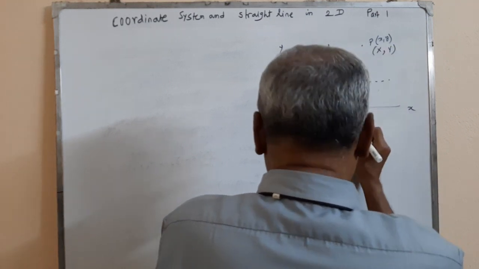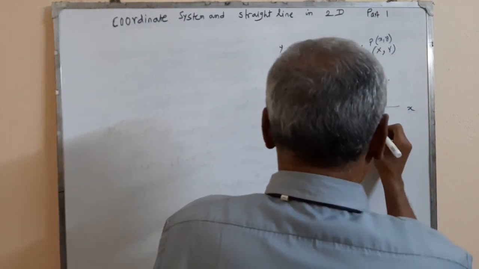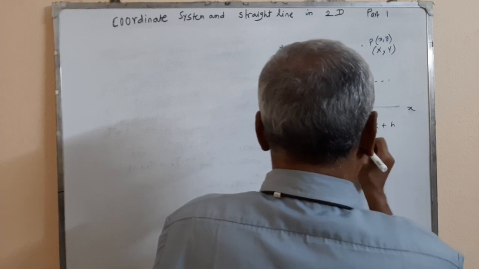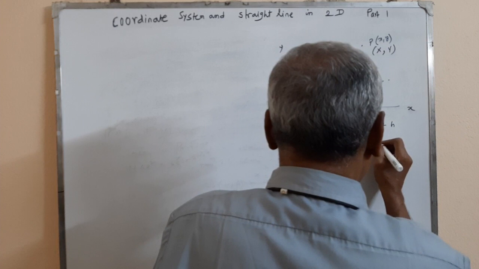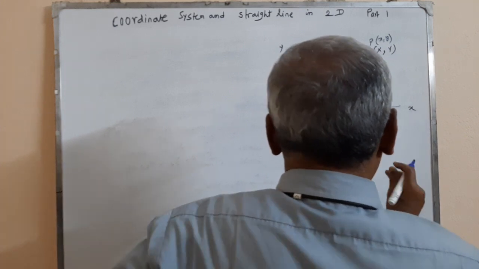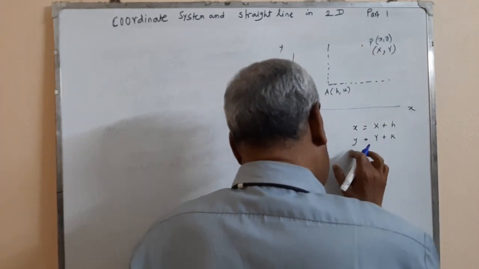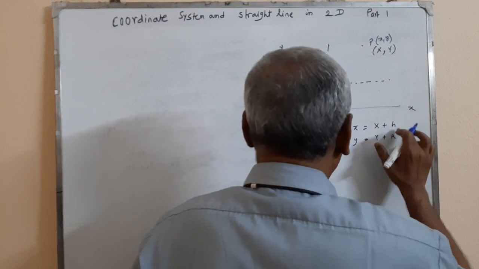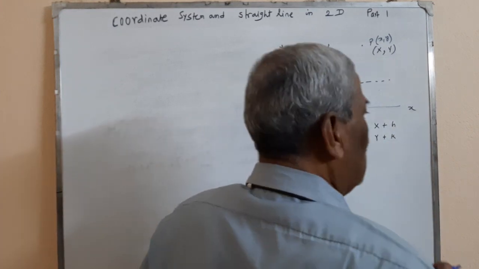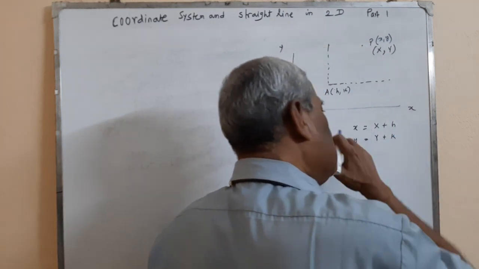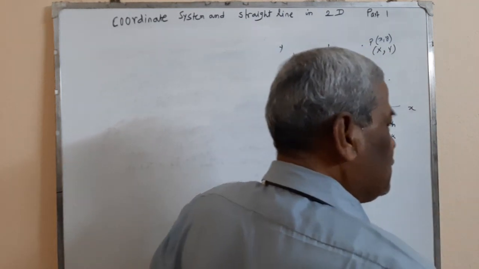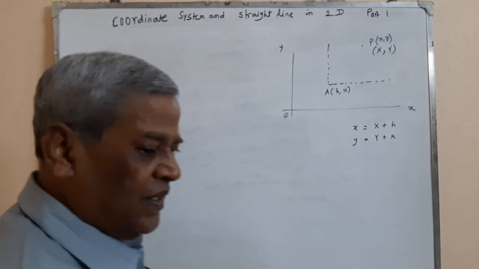Then x is equal to capital X plus h, and small y is equal to capital Y plus k. This is the old system, this is the new system, and (h, k) is where the origin is shifted. So we can go from the old system to the new system, or from the new system to the old system.